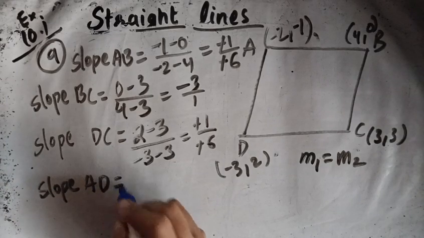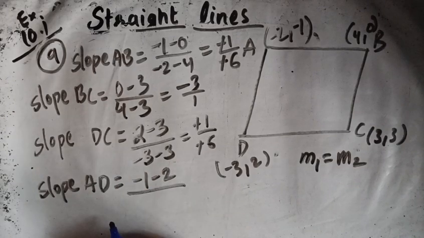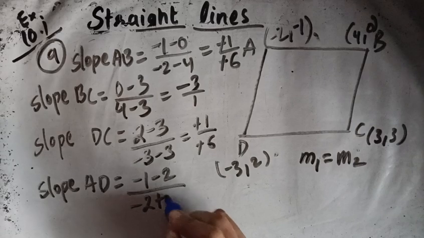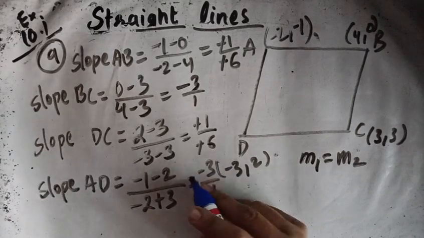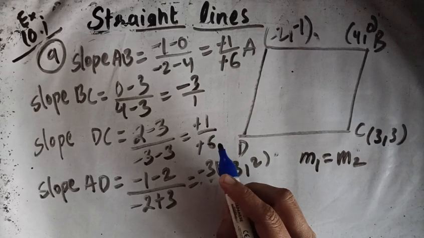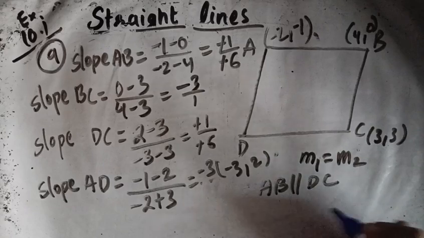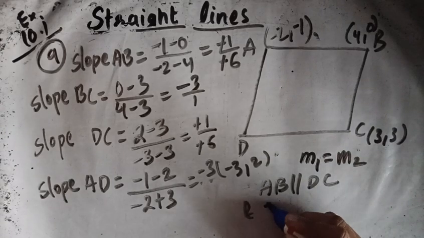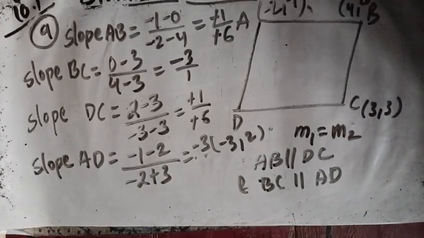AD: minus 1 minus 2 upon minus 2 plus 3, minus 3 upon 1, minus 3. So the slopes are equal, AB and DC. So AB is parallel to DC and BC is parallel to AD. Okay.